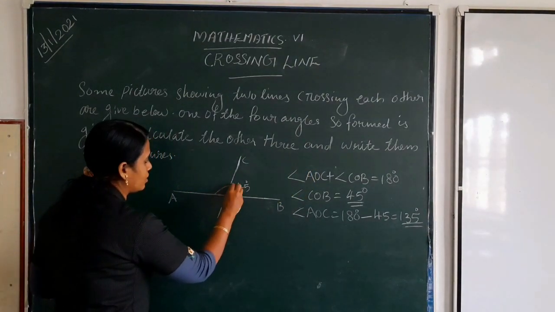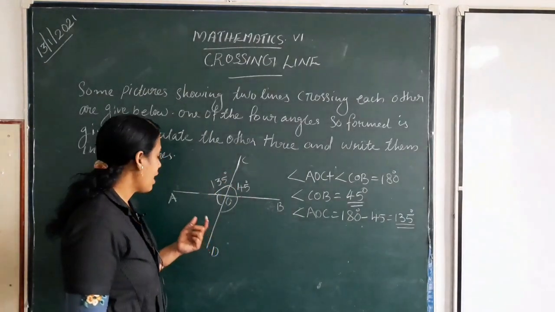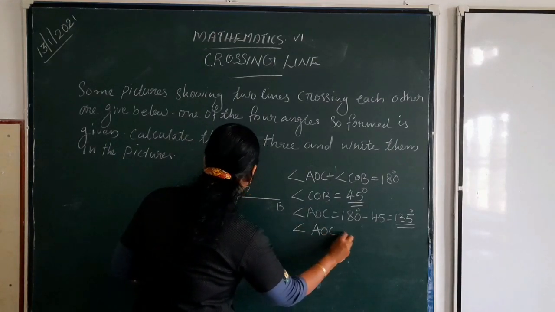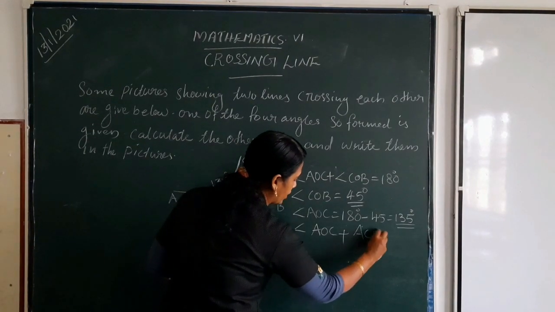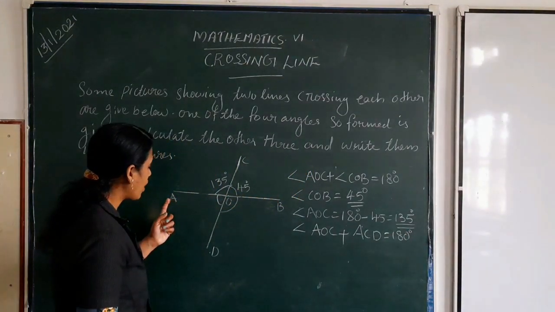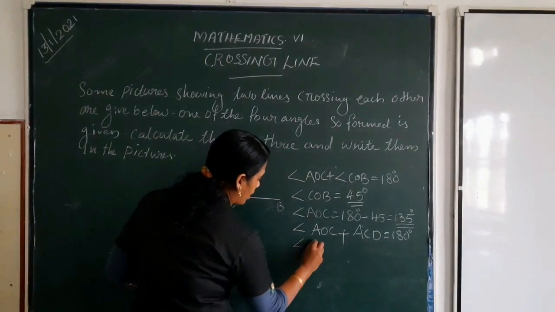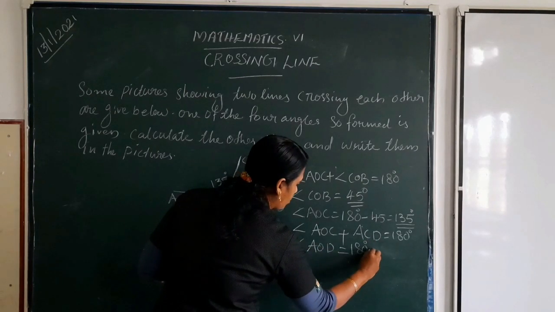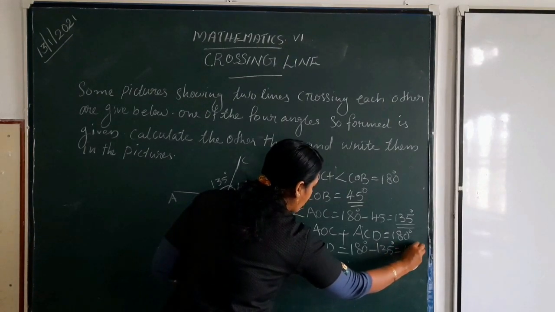So this is 135 degree. Next one, angle AOC plus angle AOD is equal to 180 degree. Here we have to find out angle AOD. So angle AOD is equal to 180 degree minus 135 degree is equal to 45 degree.